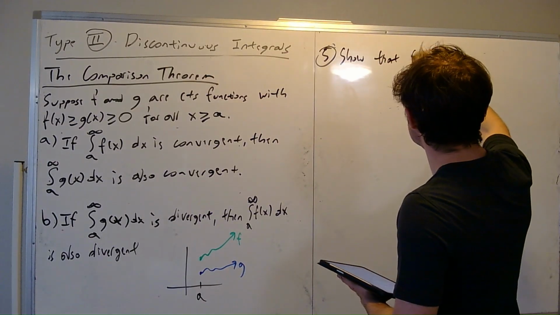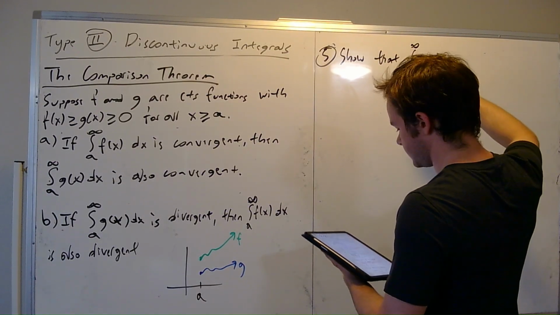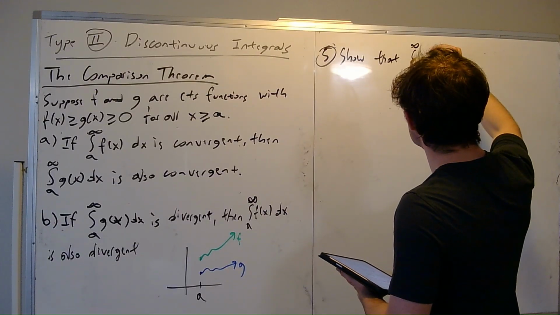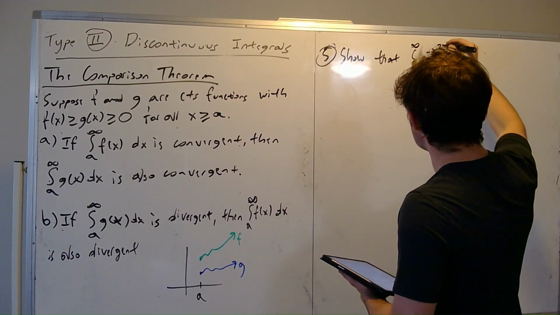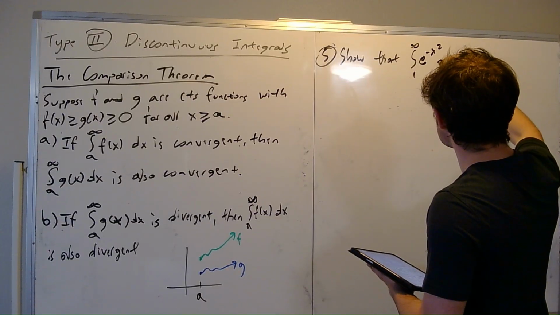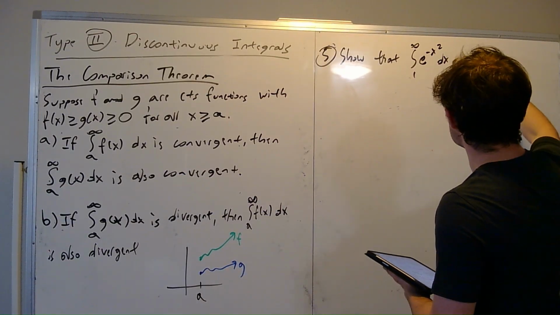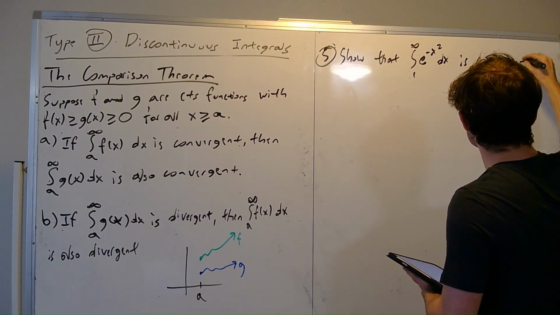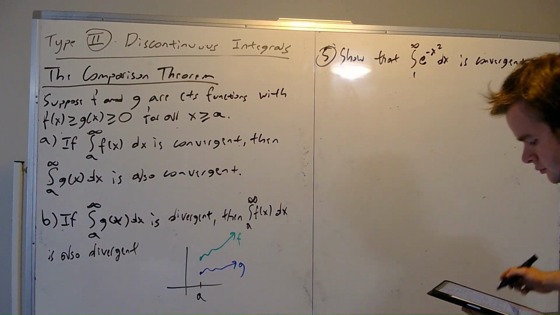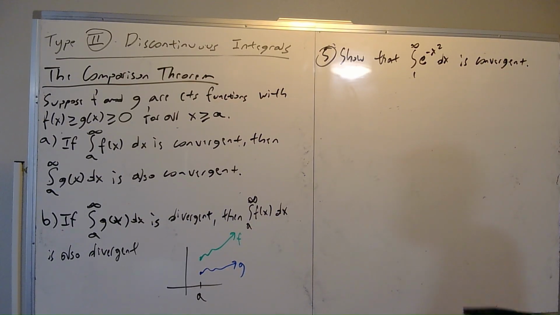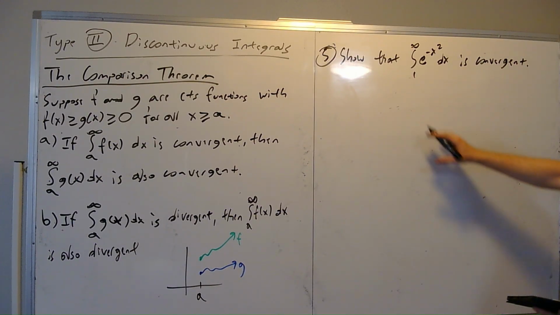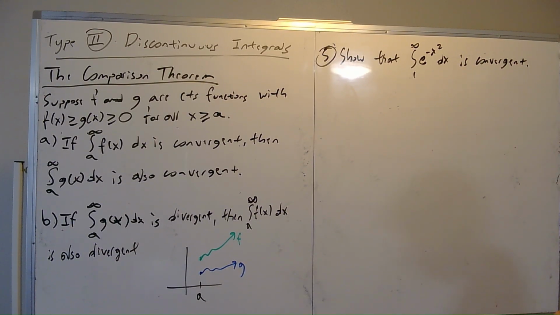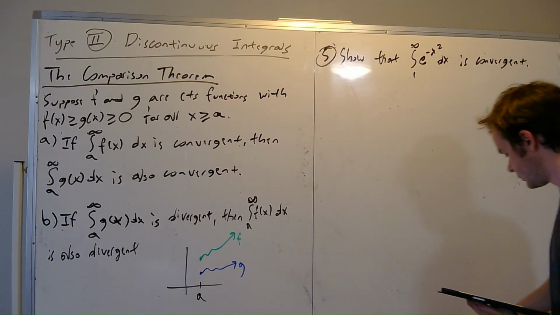the integral from 1 to infinity of e to the negative x squared dx is convergent. Okay, so we're going to try to show that this integral is convergent. And notice this is kind of a difficult problem, right? We don't know how to solve this by u substitution.